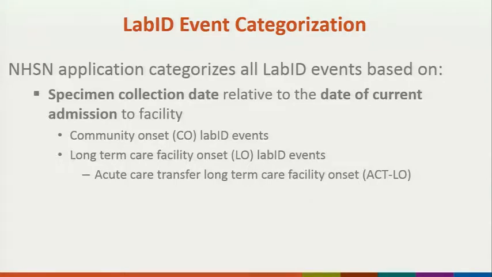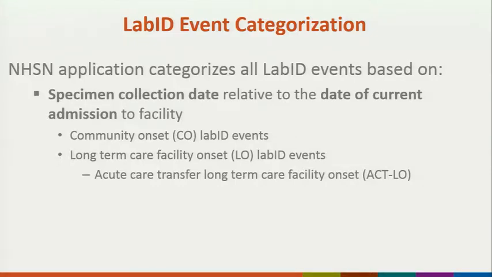So all lab ID events are categorized based on the specimen collection date and the date of current admission. As you remember from this morning, the community onset lab ID events are events where the specimen collection day is within 3 days of the admission day.